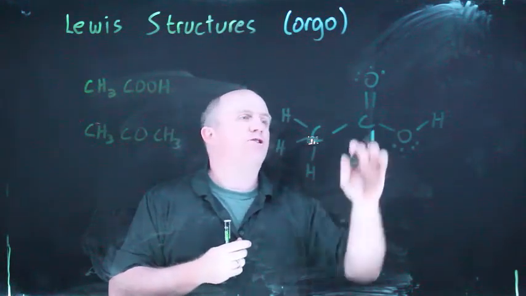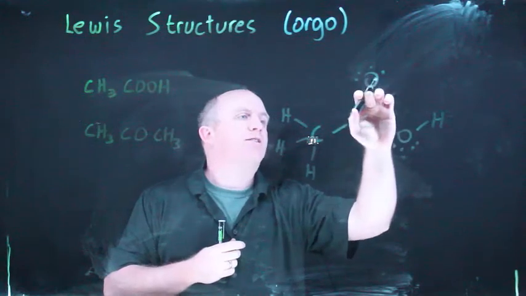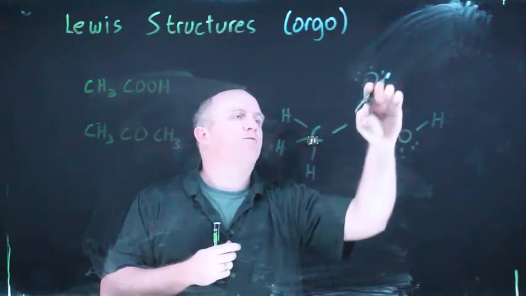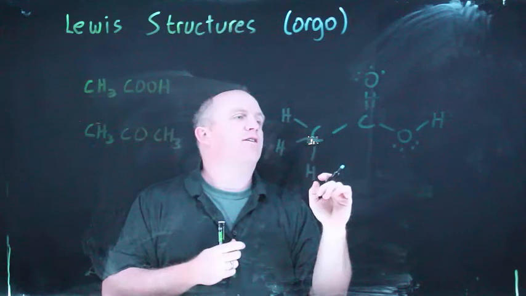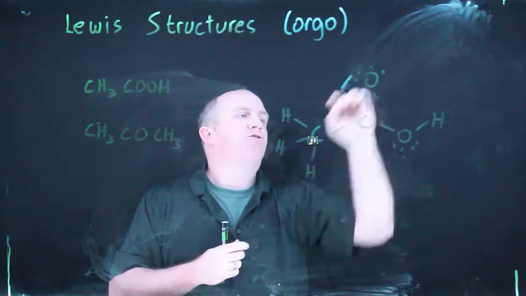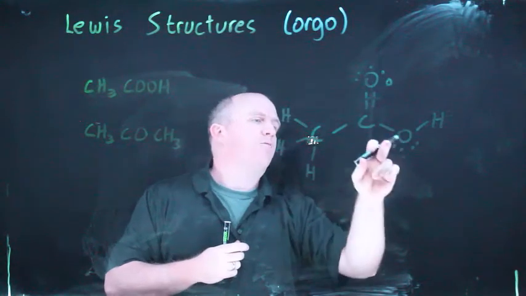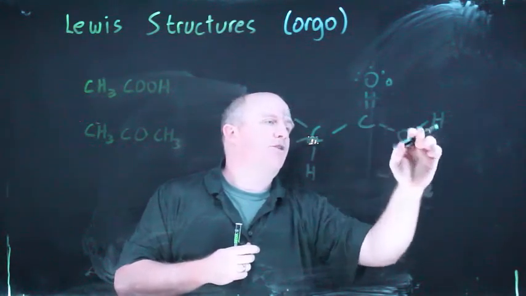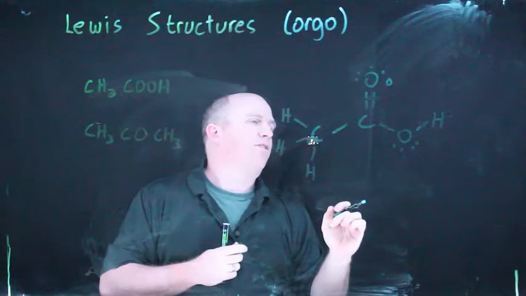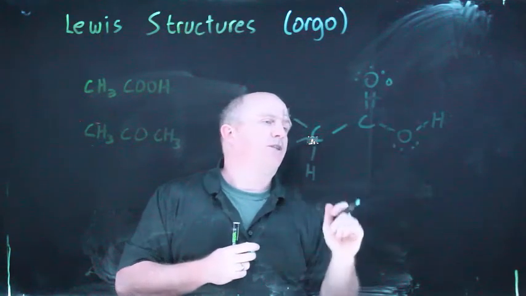A quick check of the formal charges would show you that this oxygen has 6 electrons that belong to it, 2 from the shared double bond, 2 each from the lone pairs, 6 electrons total, so that is formally neutral. Likewise, this oxygen shares 1 electron with the carbon, it shares 1 electron with the hydrogen that formally belong to it.